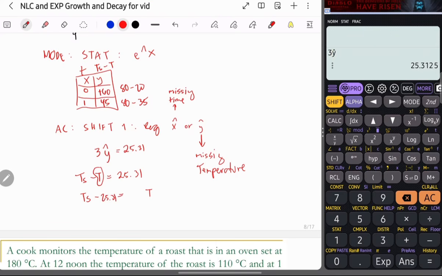So, what will be our temperature? Ts is 80, right? 80 minus 25.31. 80 minus 25.31 is 54.69, rounded off to 55 degrees Fahrenheit. So, we have now our answer.